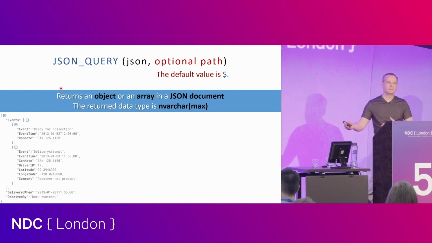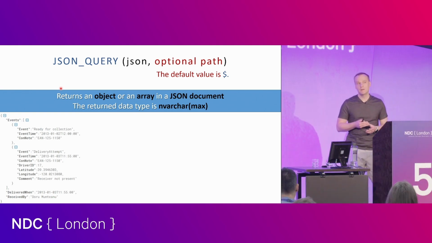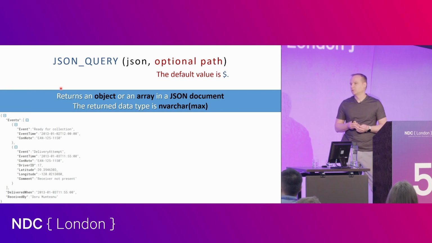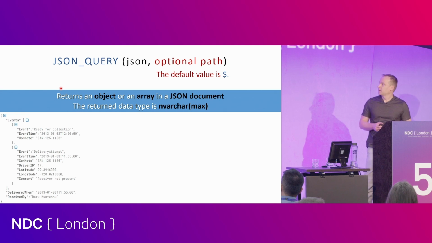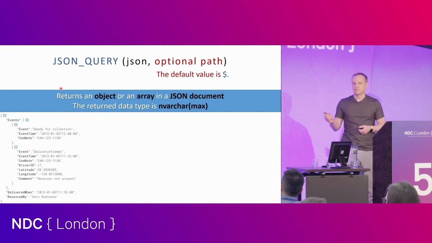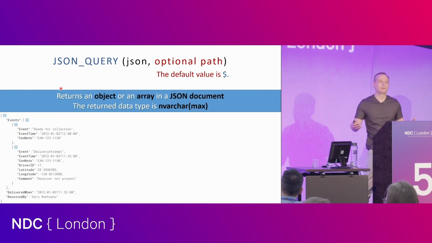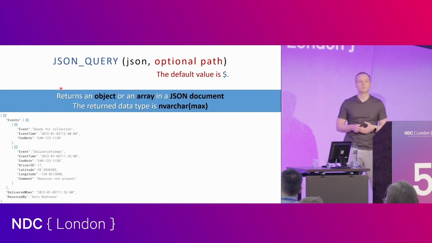If you use the path, then it's going to return an array or an object. Those are the two things it can return. And the return data type is nvarchar(max). So if your JSON is not that big, you can always cast and convert that to make things a little bit faster if you need to.